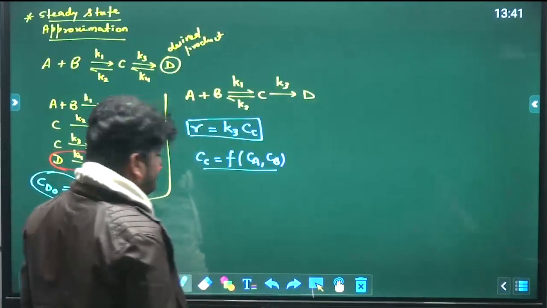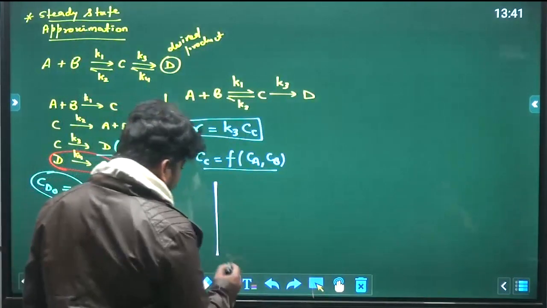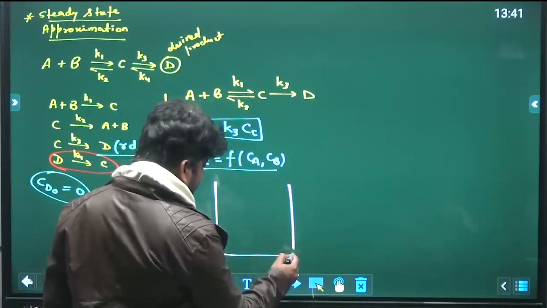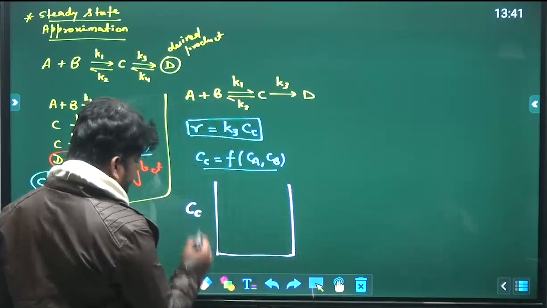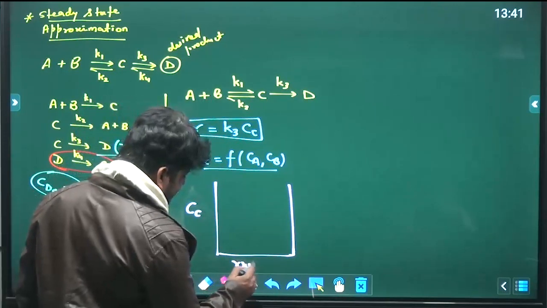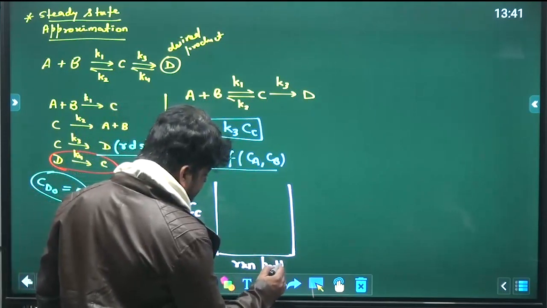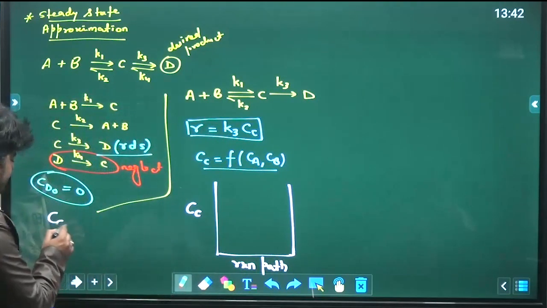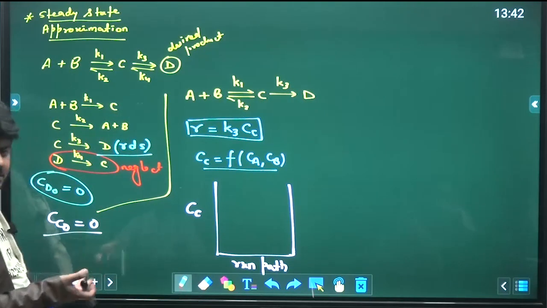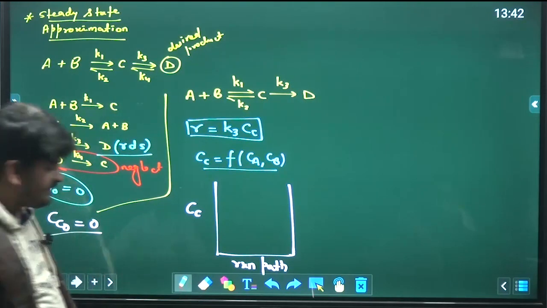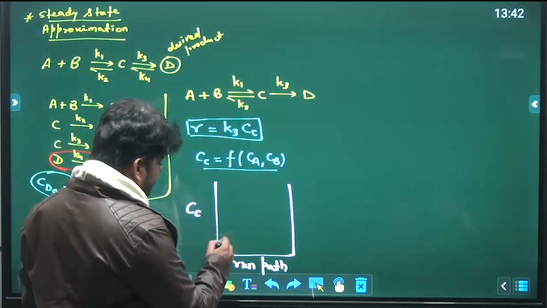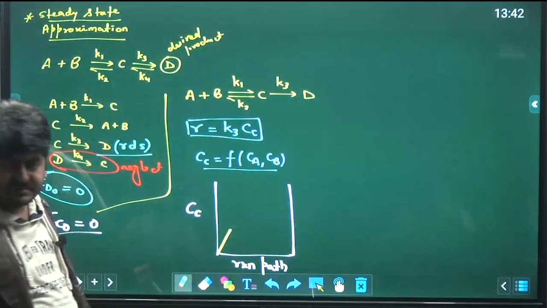So the reaction will occur at steady state, and that means if you try to draw a curve between concentration of C versus reaction path. Actually there is no C, we are not introducing it, that is the intermediate. Who sends it? Nobody will. So as the reaction progresses, the concentration of C will start to increase.